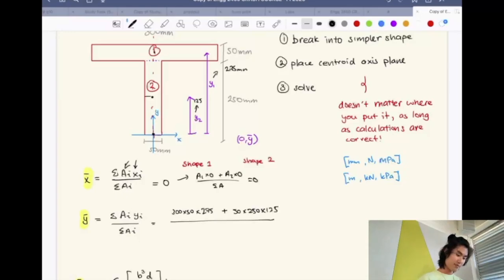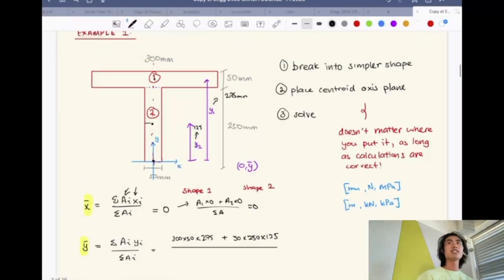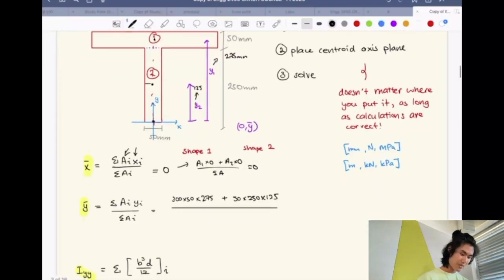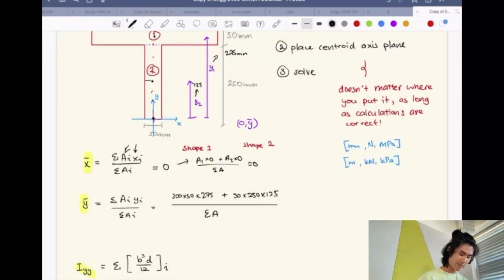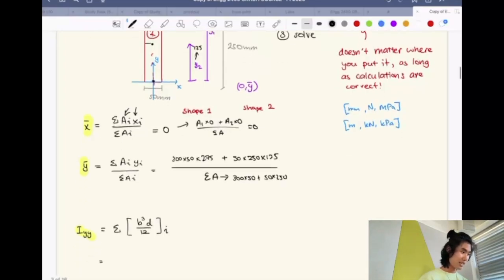Basically that's like the location. So you're pretty much weighing how much a shape is and then measuring how far it is from your distance, so you can actually find the centroid. Because some parts are going to be beefier than others in terms of their rotational axis, right? Another way of thinking about centroid is rotational axis. And this will be all over the total area, which will be 300 times 50 plus 50 times 250.